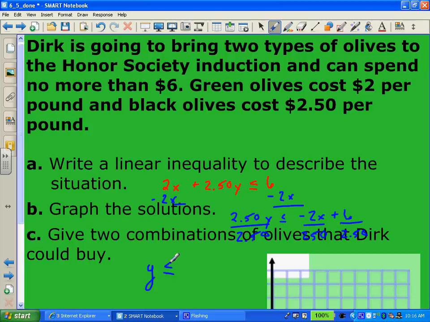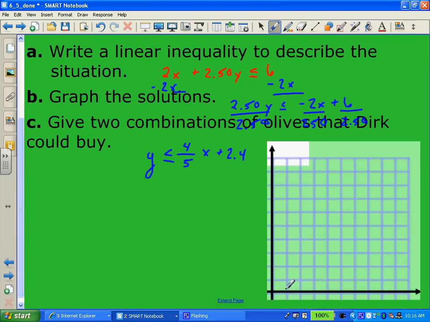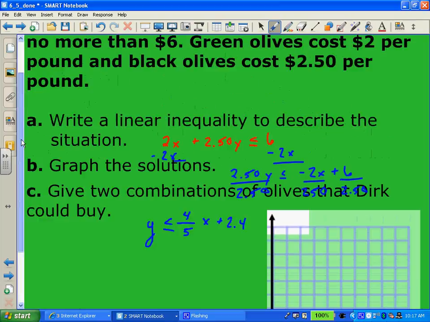So then I would have y is less than or equal to 2 divided by 2.5, which is 0.8, which I think is 4/5 if we put it as a fraction. And then 6 divided by 2.5 is 2.4. Okay, so there's my y-intercept form.